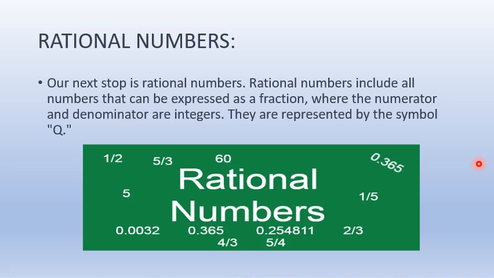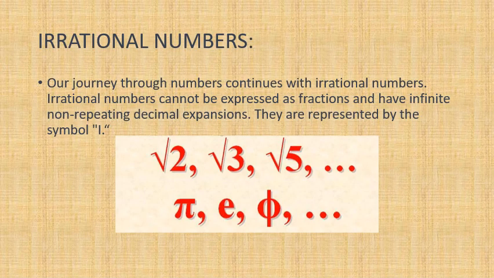Once you have learned about the natural numbers, reflect on it, and then go towards the next numbers, whole numbers. So you can learn part by part also. Now let's move towards the next one, irrational numbers. So, rational numbers and irrational numbers.